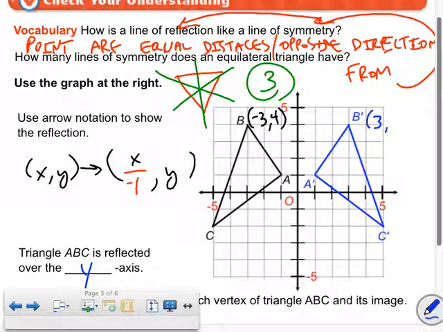Very good. And then can I get a volunteer to tell me the coordinate for A? Talise, what's the coordinate for A? 1, 1 would be this.